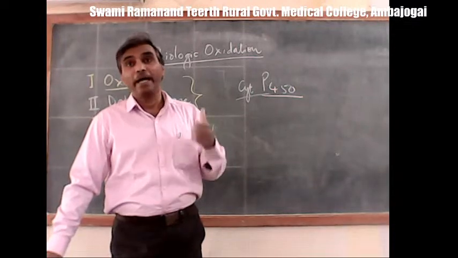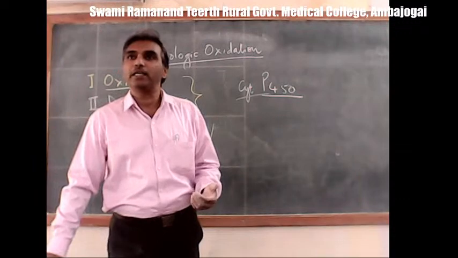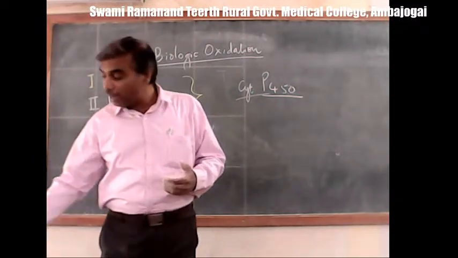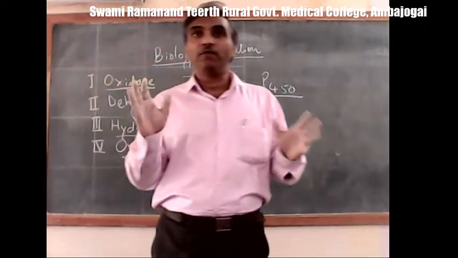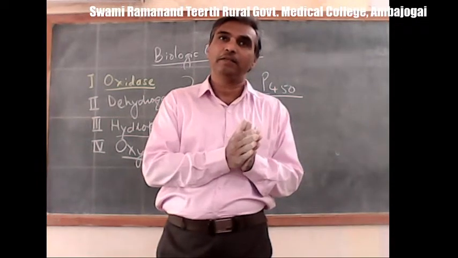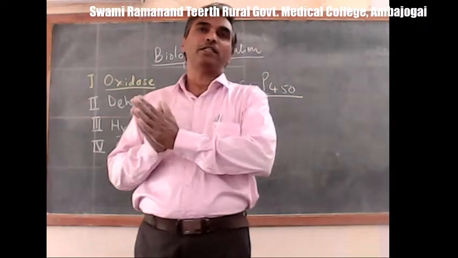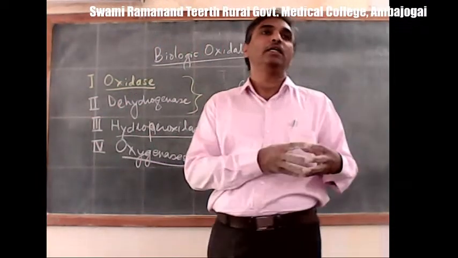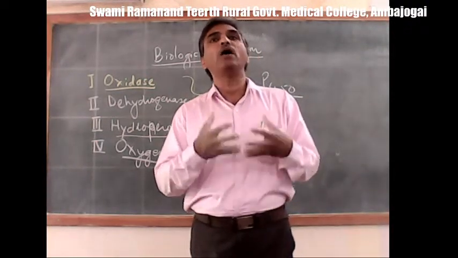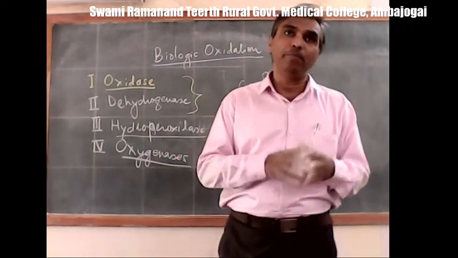We have seen the enzymes required for it in the form of oxidases and dehydrogenases. With this backdrop of free energy and biological oxidation, these two form the basis on which oxidative phosphorylation builds.